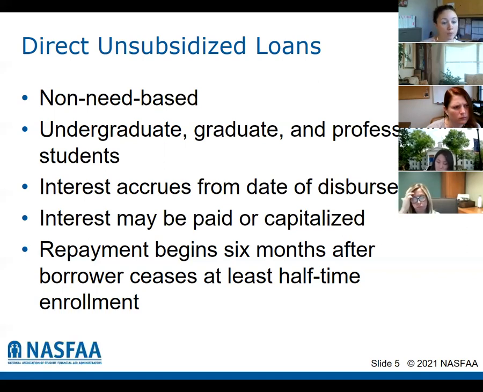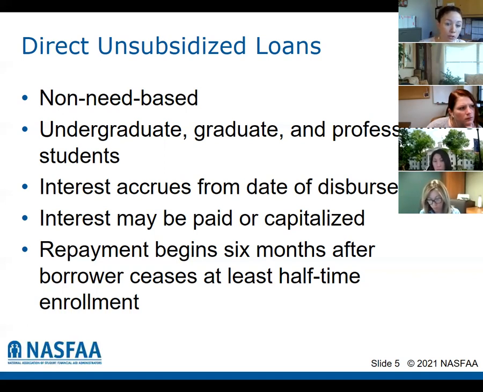So you can take them up to your remaining cost of attendance or up to the annual cap for the loan. Most students, I would guess, at most of your institutions have more room in their cost of attendance after they've taken the subsidized and the unsubsidized loan. So they're going to be capped at the annual maximum they can have each academic year.